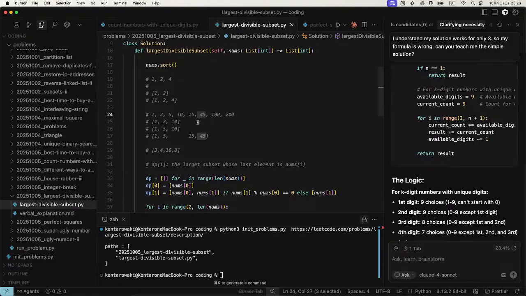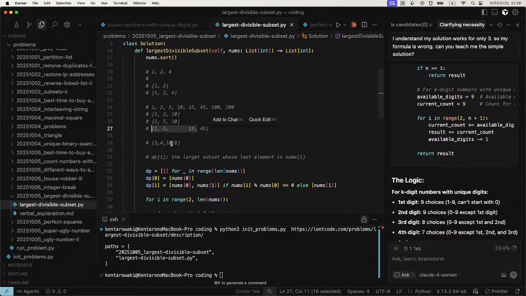And when we want to update 45, we look at 1, 2, but 2 is not met, and 5 is good, 10 is not good, 15 is good, and 15 is the largest and longest subset. So we append 45 to this array. So the array is like this.